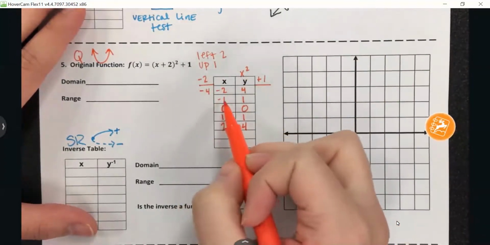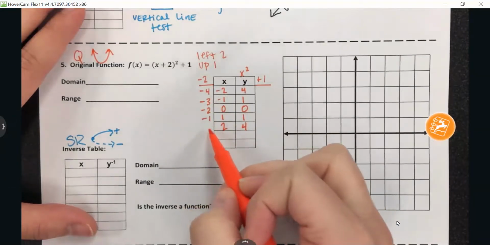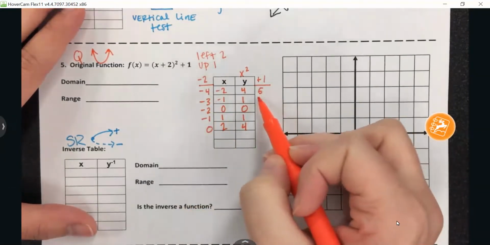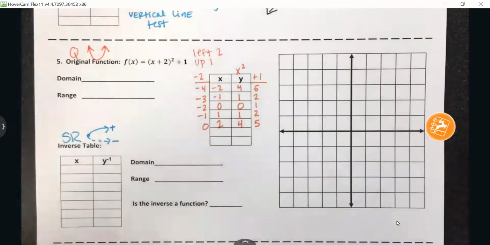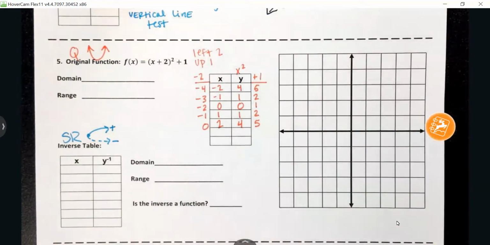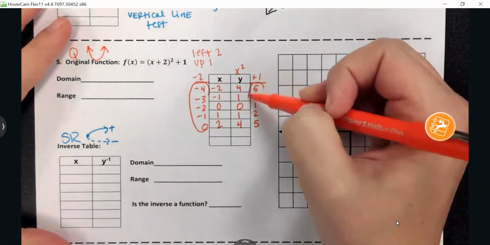So all we're doing is putting our transformations on our table. And then what points do I graph? The ones that are on the outside.